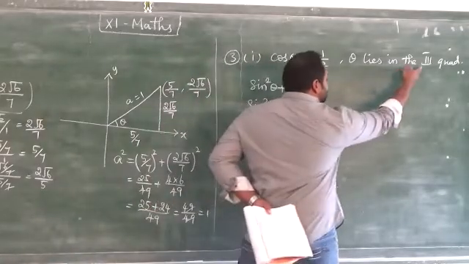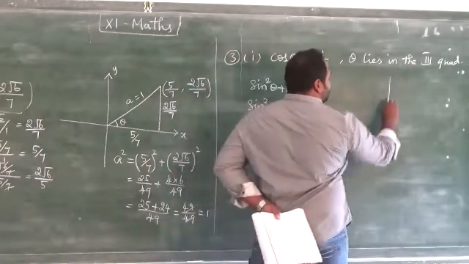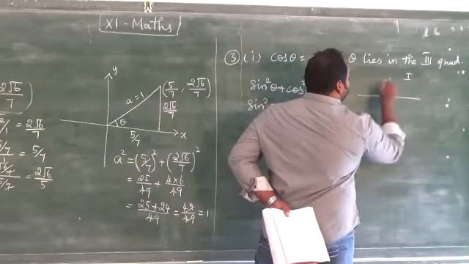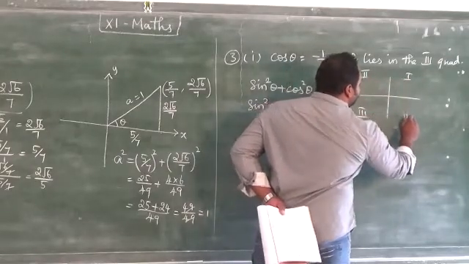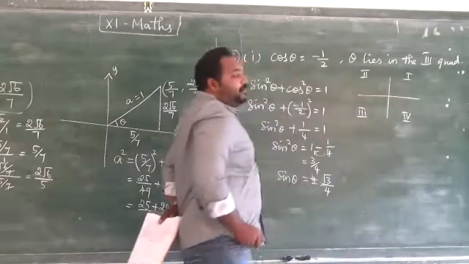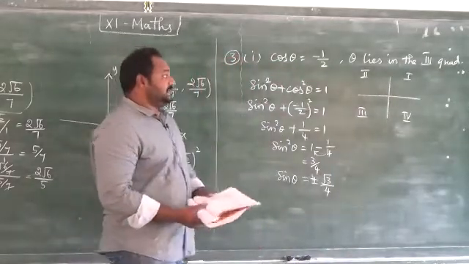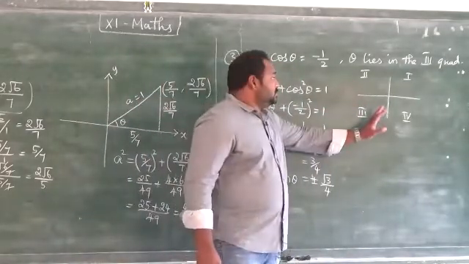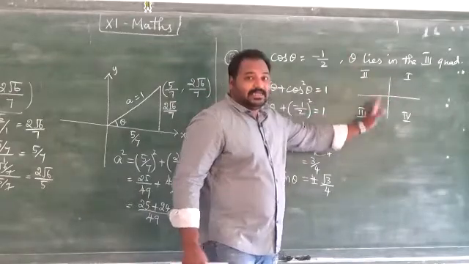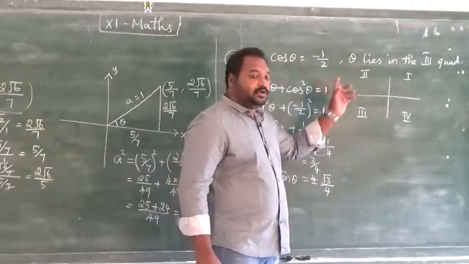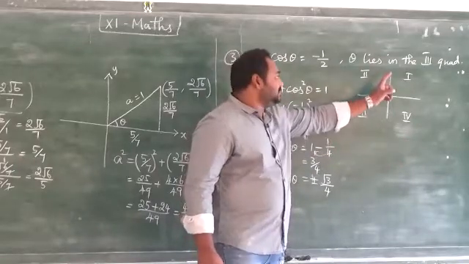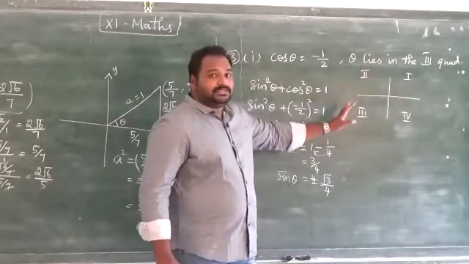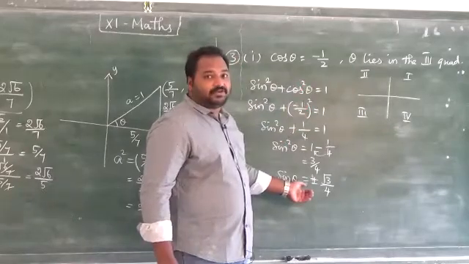this given condition. We know that the 4 quadrants are very important, no? I explained all these 4 quadrants and properties and functions in the previous classes. So if you can't understand this, please go through the previous video and learn the 4 quadrants, which is positive and which is negative, and then come back for this problem.